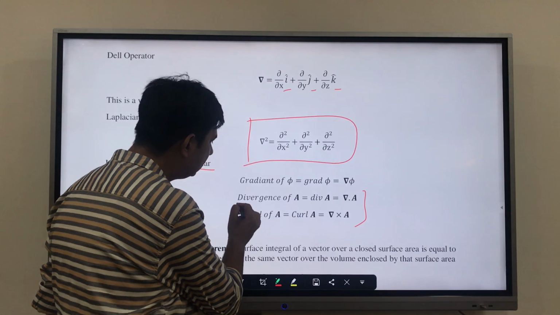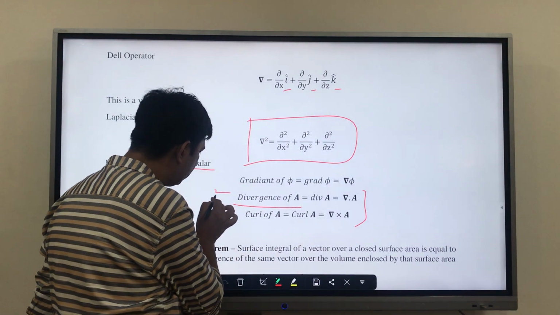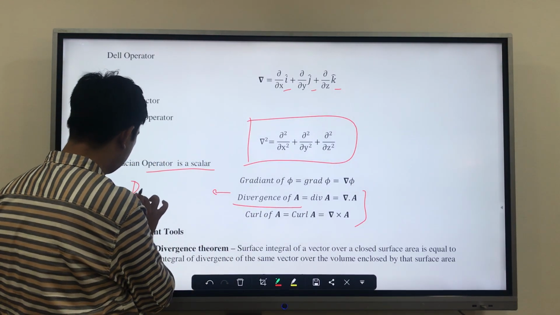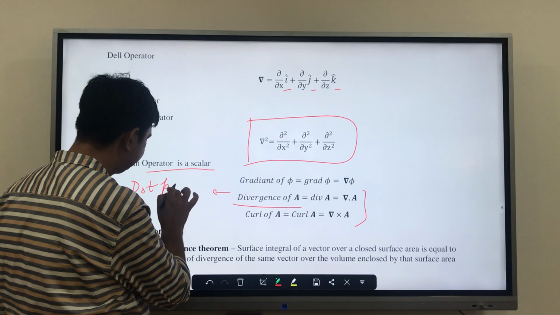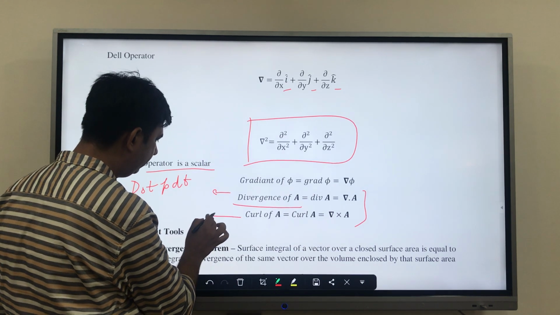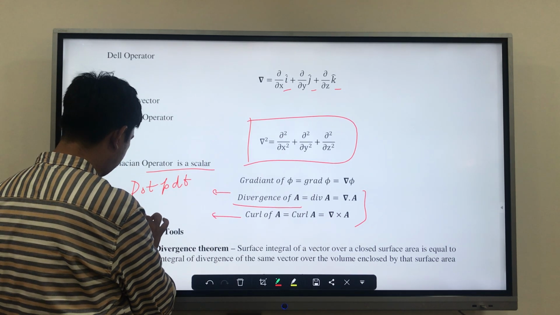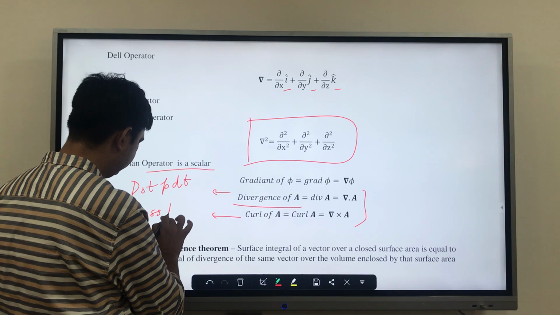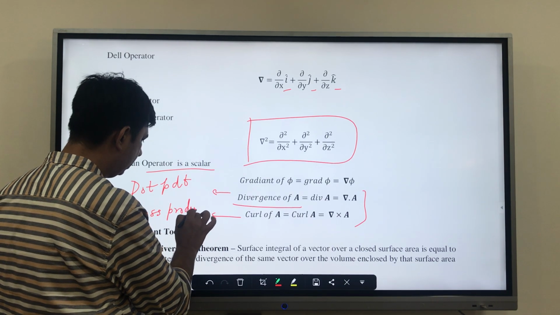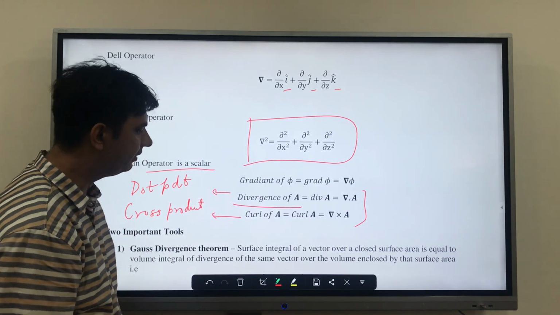So this will show a dot product, and this will show a cross product. So this is very important.